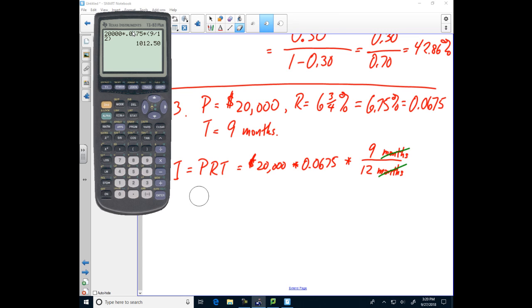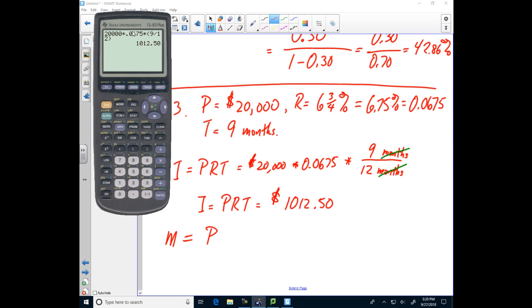Let me change colors here. I got $1,012.50. Now that's the simple interest. It also wants the maturity value. So the maturity value is equal to the principal plus the interest.